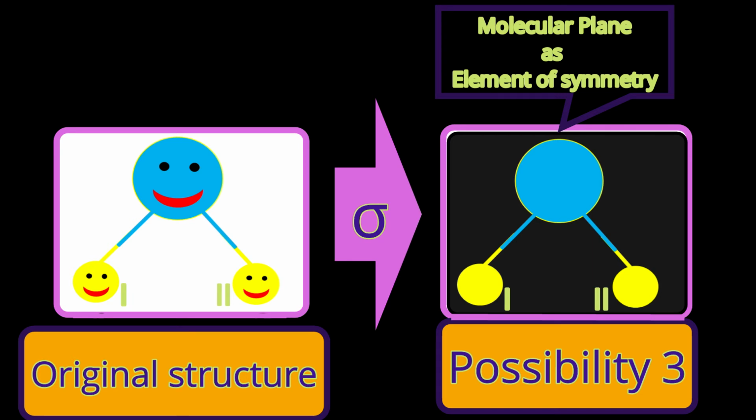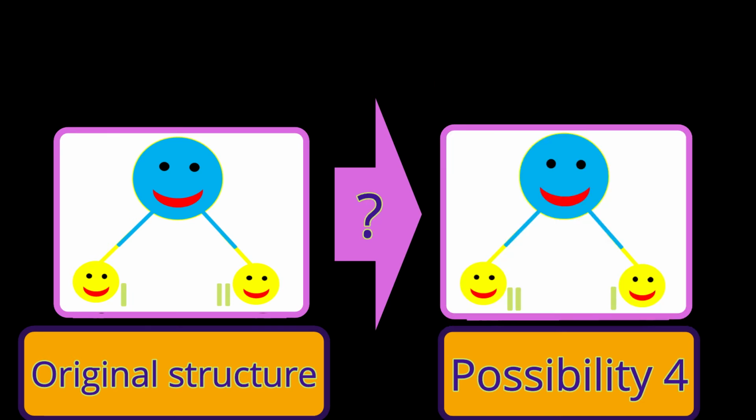Now let us correlate the fourth possible structure with the original structure. Both structures are in front of you. What do you think? How can you obtain that fourth possibility from the original structure? What do you need to do? Which points will not be disturbed?